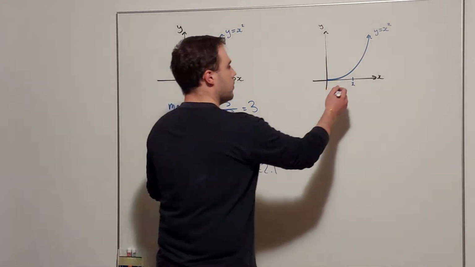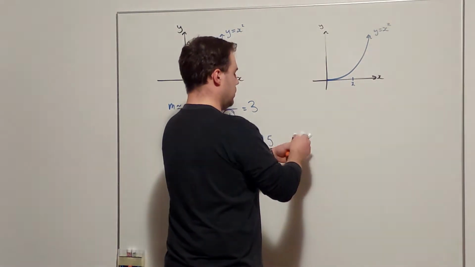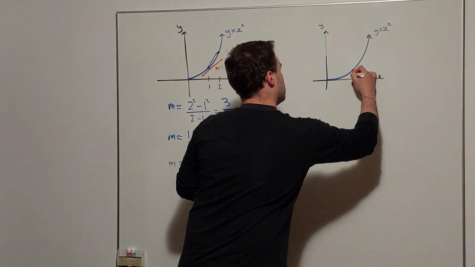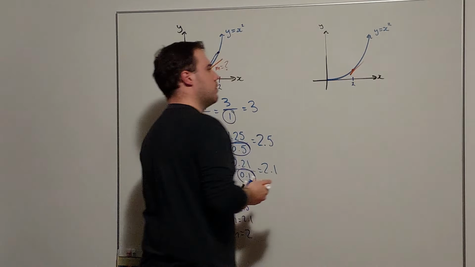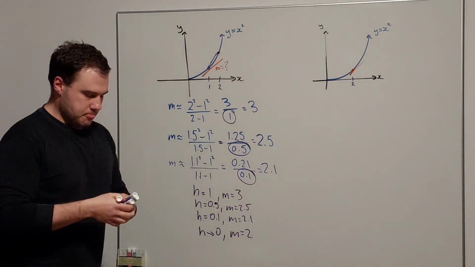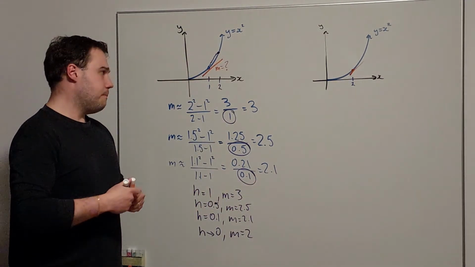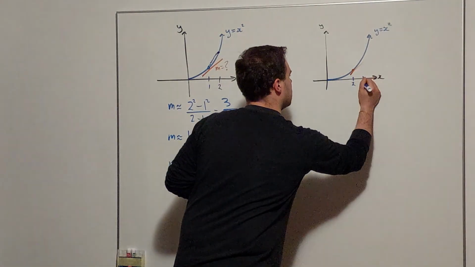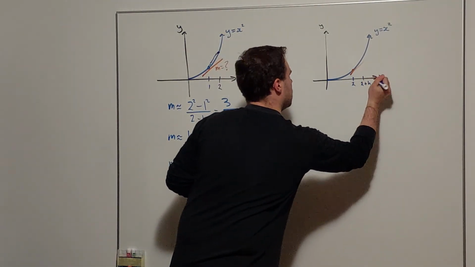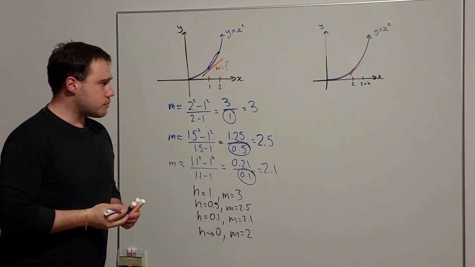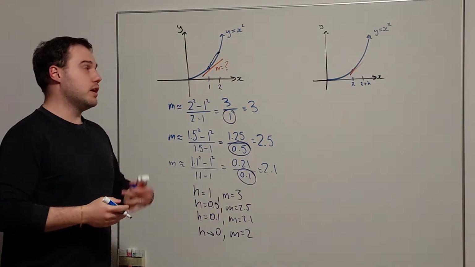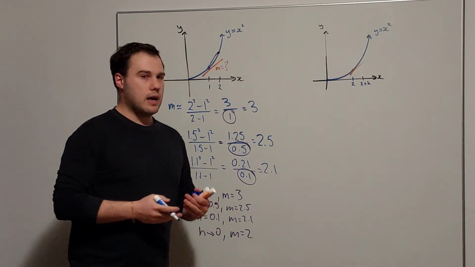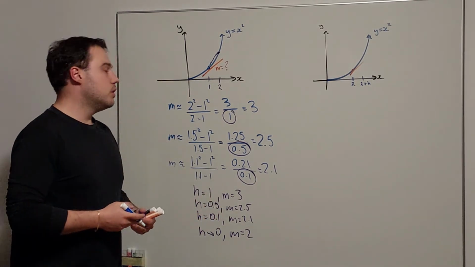So our goal here is we now want to find the gradient of this orange line here. This is our goal. Well, we can consider, on the x-axis, we want to find the gradient of the tangent line to y equals x squared at the point where x equals 2.